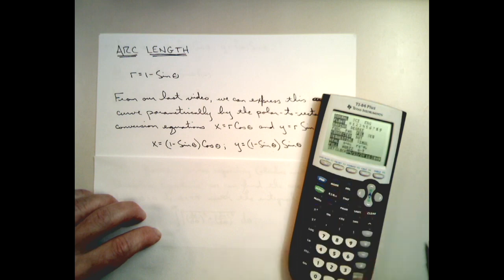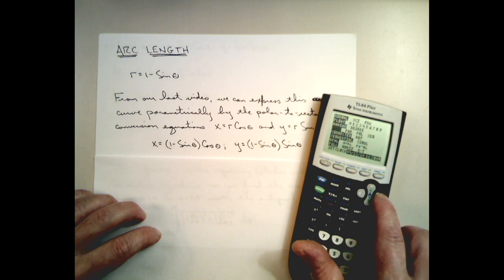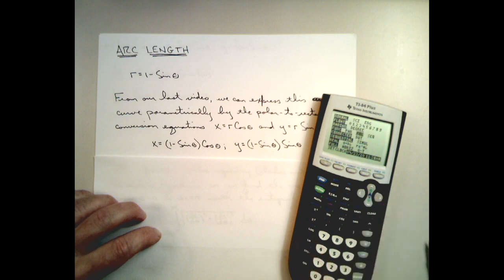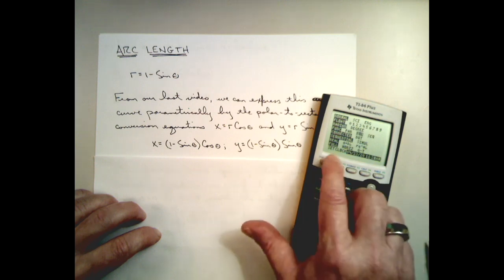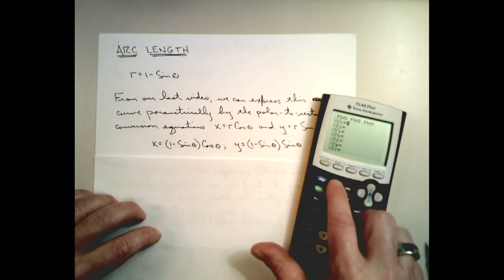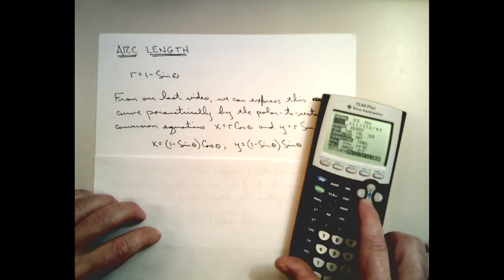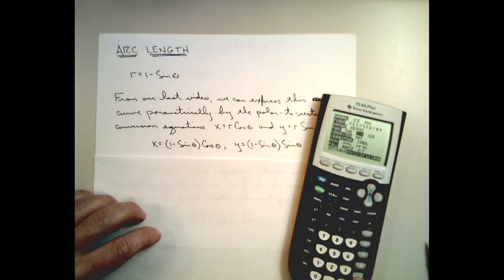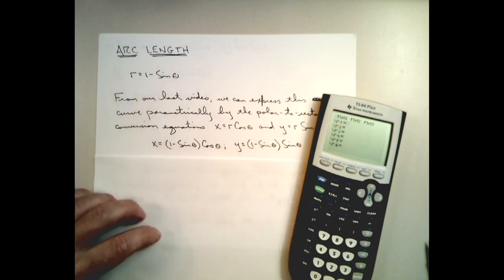Right now, probably your mode is set to function. Whatever it's set at, go ahead and set it to polar coordinates. Sorry, let's go back to mode. I didn't hit enter. So polar coordinate, enter, and that puts us in polar mode. So now whenever I do y equals, it prompts me for r. Well, my r is 1 minus sine theta.